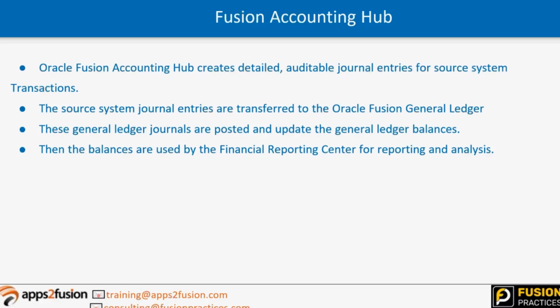So the source system journal entries are transformed into Oracle Fusion GL. Like we created our ledger and entered a manual journal entry, similarly our source systems are going to send some source information. They will not be sending us the actual accounting entry, they will just send some source information.